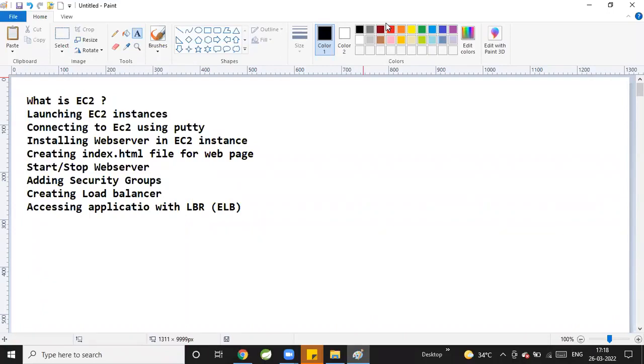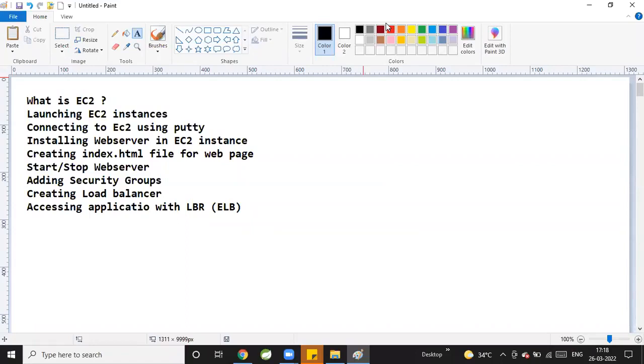All right. If you have one web server to run your web application, what is the problem? The load will be increased on the server. So that's why we are going to do load balancing.